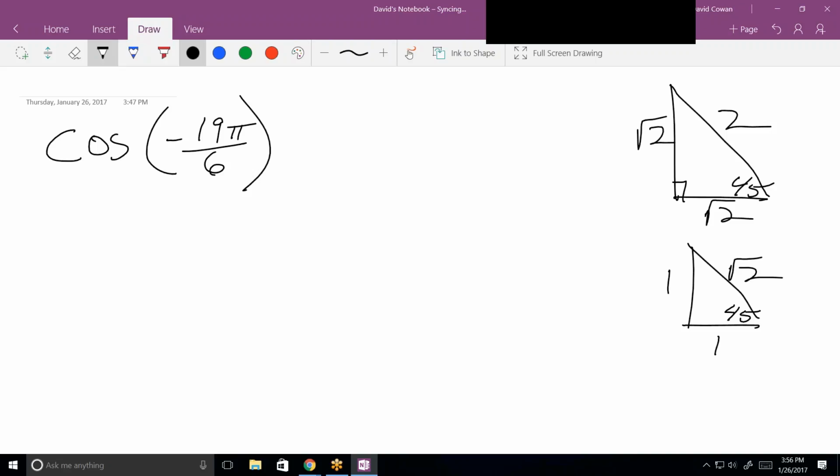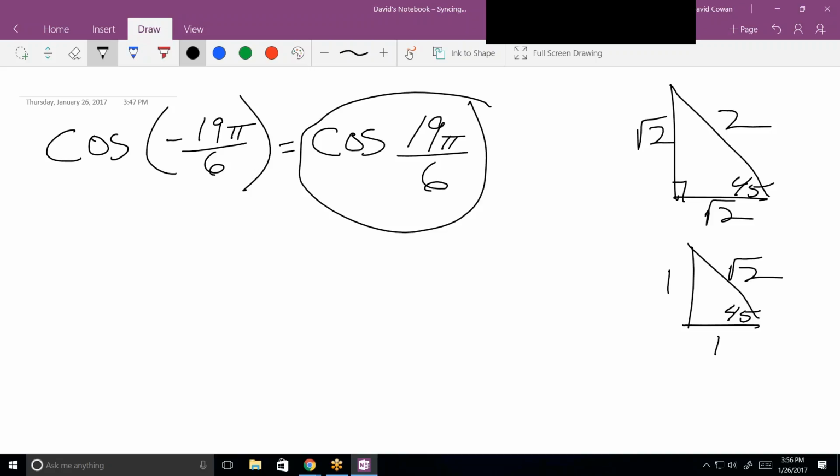Well, the easiest way to do this problem is to use the fact that cosine is an even function. So the cosine of a negative angle is the same as the cosine of the positive angle. So I can immediately write that. That's my problem, to figure out what that is.